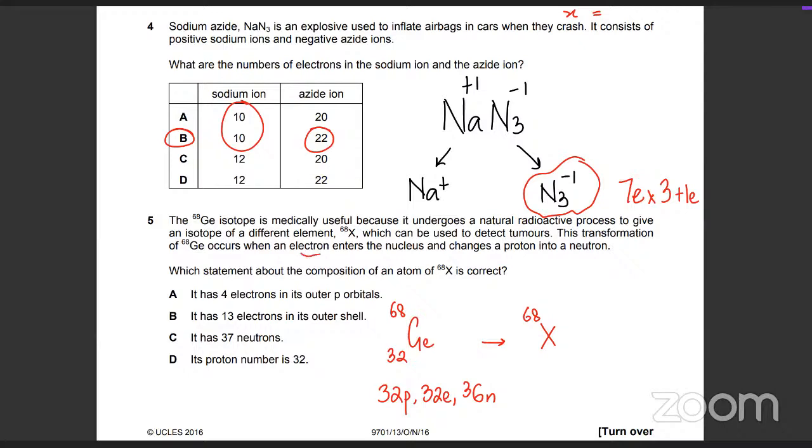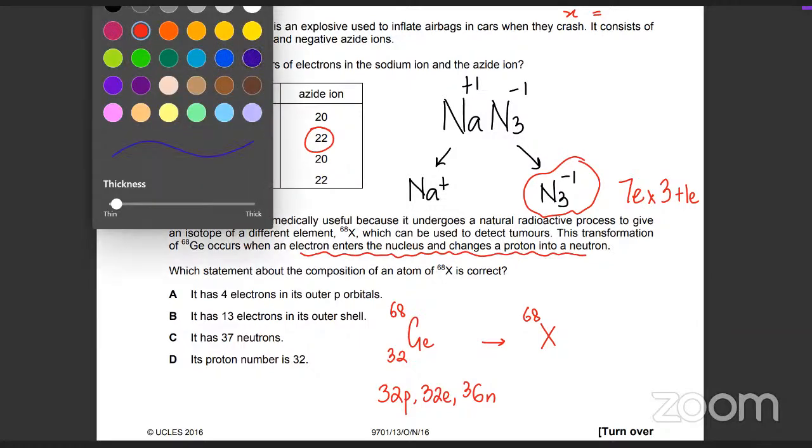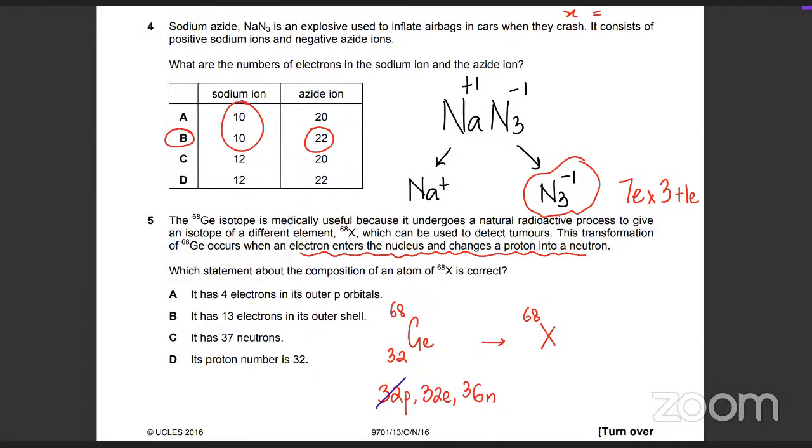An electron enters the nucleus and changes a proton into a neutron. So there's an electron that goes and changes one of the protons into a neutron. So now you have one proton less because one of the protons has changed into a neutron, so the number of neutrons is going to be more. Is this clear?